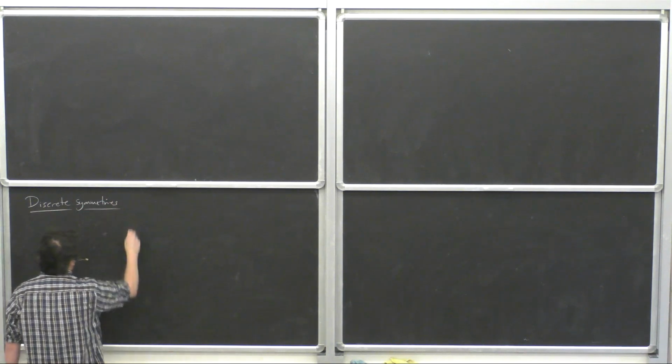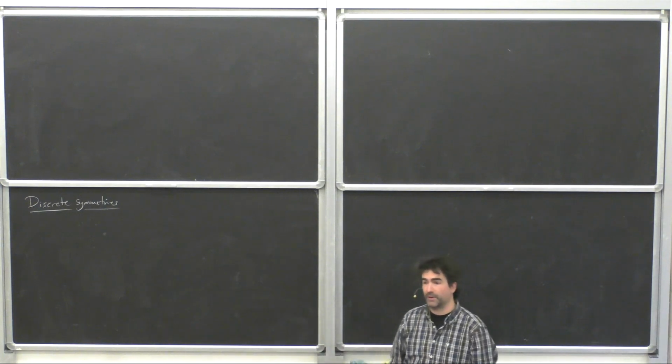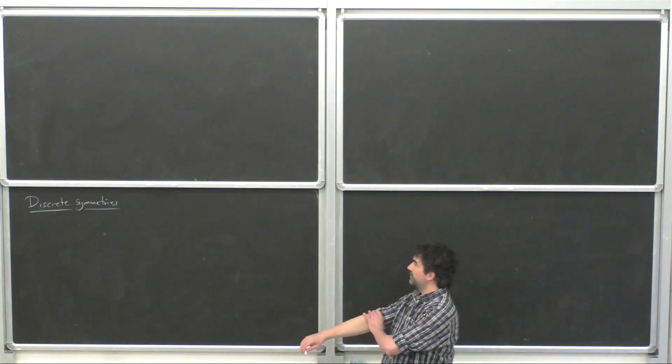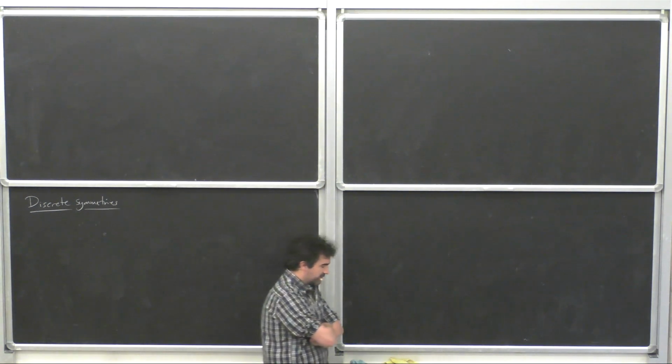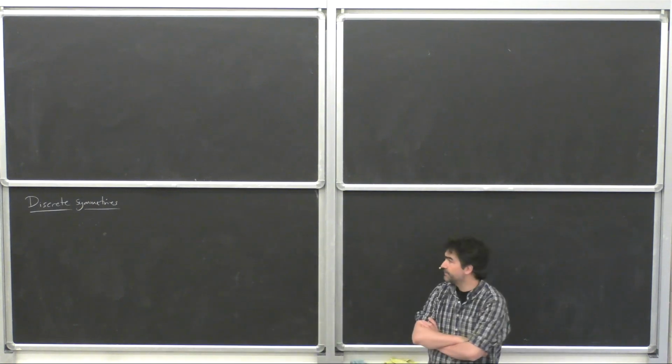Now, you might wonder why we do this if we already have a perfectly good description of discrete symmetries. We can use symmetry generators. Everything I said so far about these topological operators works for symmetry generators. And we have a description of backgrounds. If you want to describe a background for a discrete symmetry, well, note first that discrete symmetries are flat.